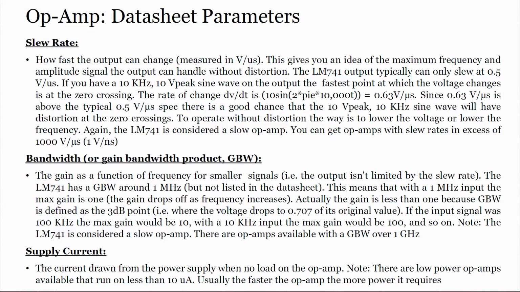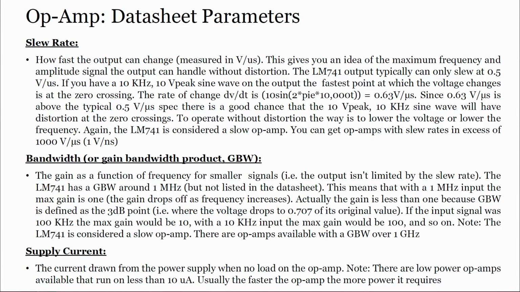So, if you want to avoid this distortion, what can we do? We can either lower the voltage so that it comes to around 0.5 volt per microsecond or below it, or we can lower the frequency. By lowering the voltage or frequency, we will see that the rate of change dV by dt would be less than 0.5 volt per microsecond.